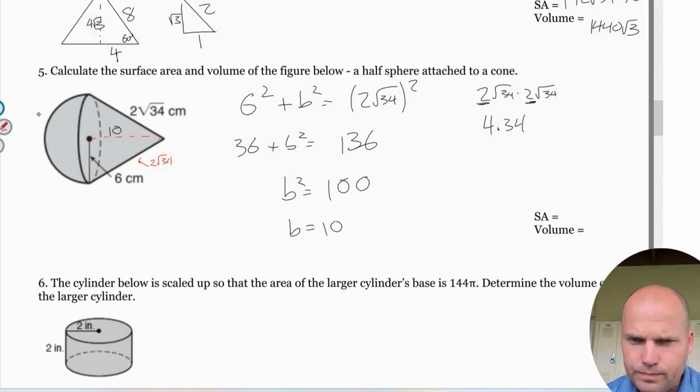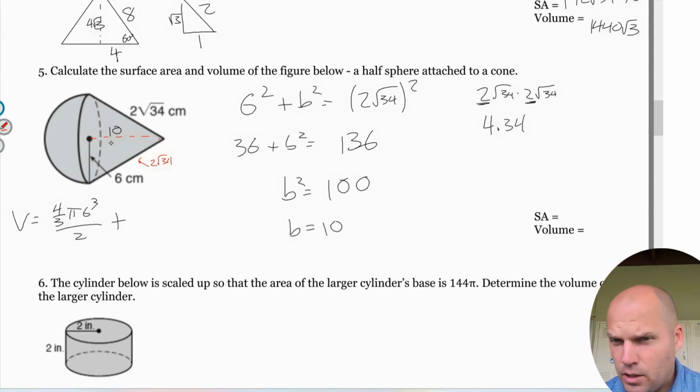So the volume is going to be half of 4/3 pi r cubed plus my cone's volume, not going to have to subtract anything, which is 1/3 of pi 6 squared times h.